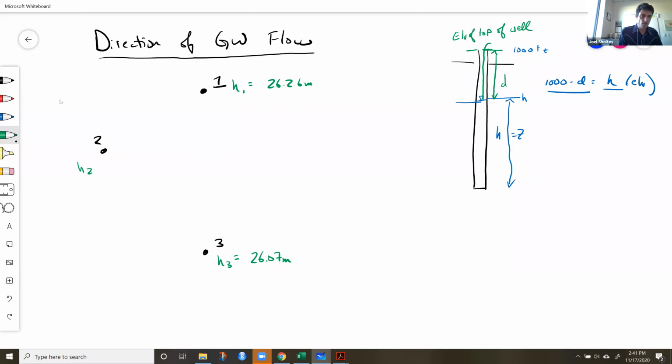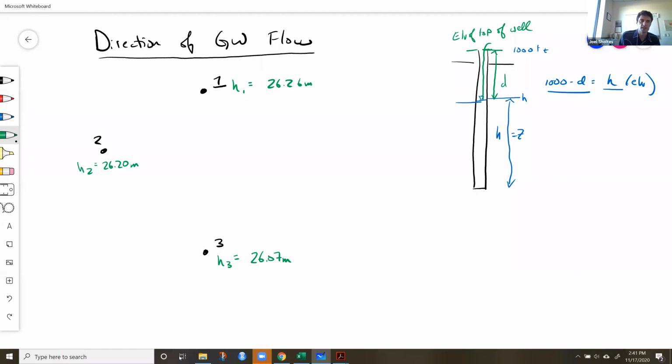And then H2 is equal to 26.2 meters. And then we could also measure the distance between all of these, right, to get a length. So given this scenario with these wells, we want to find the direction of groundwater flow, and then from there, calculate the hydraulic gradient.